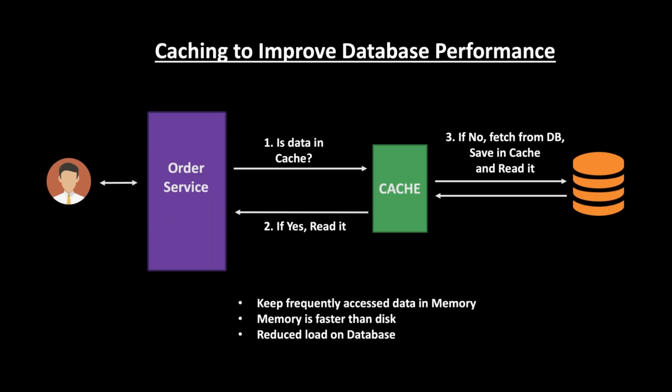This gives you very high read performance once you have caching implemented. Sometimes you also want to avoid that round trip to the database. In a microservices architecture, in a cloud native space, caching works great. It reduces the load on the databases, and all the read operations are faster.